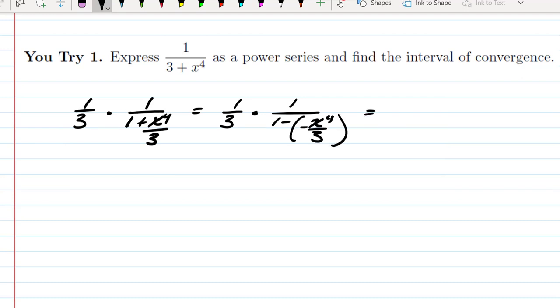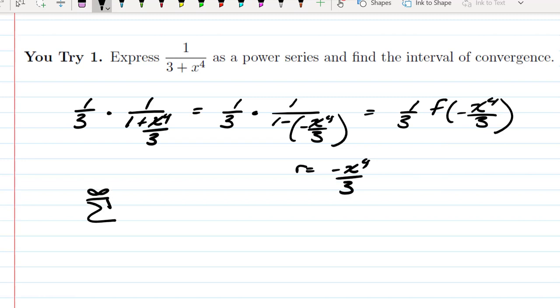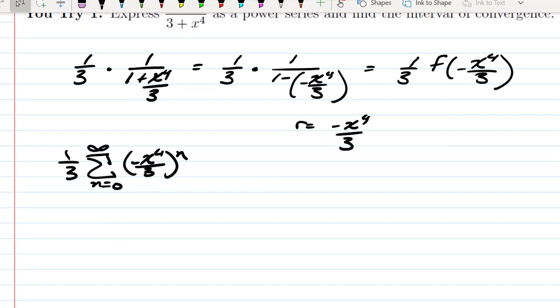So then we would recognize this as 1/3 times our f evaluated at negative x to the 4th over 3. And our common ratio r would be negative x to the 4th over 3. So our series representation would be 1/3 times the sum, as n goes from 0 to infinity, of negative x to the 4th over 3 raised to the n.